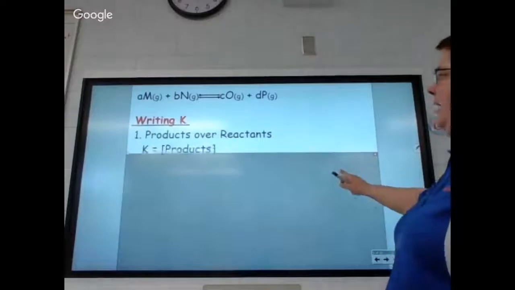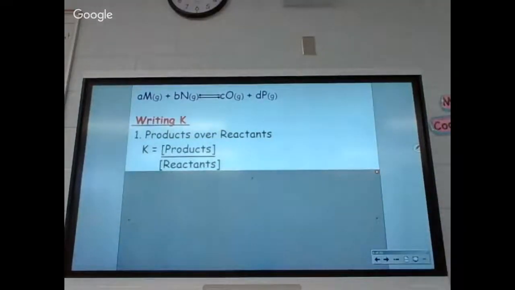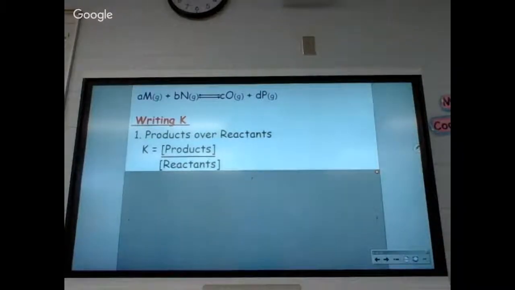So in writing K, rule number 1, you have to write the products over the reactants. Now, I will tell you, if you are asked to write or find one of these on the state test, one of the answers will flip them. Guarantee it.